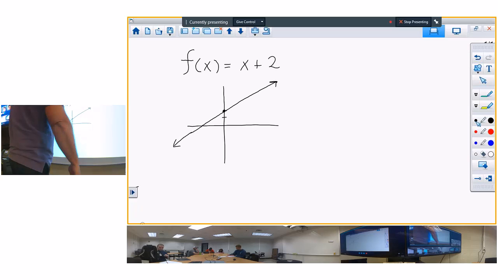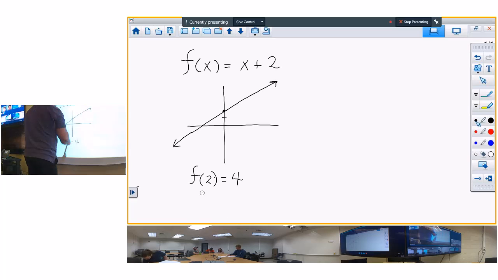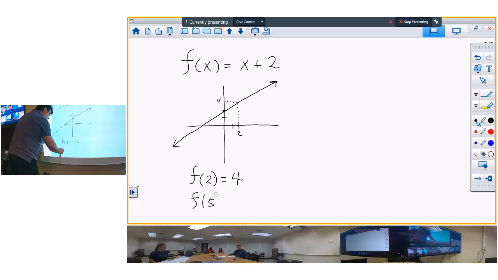And if I ask you what is f of 2, you tell me that f of 2 is what? 4. And if I asked you, that's f of 2, that means x is equal to 2. That means that this point is equal to what? 4. If I asked you what f of 5 is, you tell me that f of 5 is equal to what? 7.